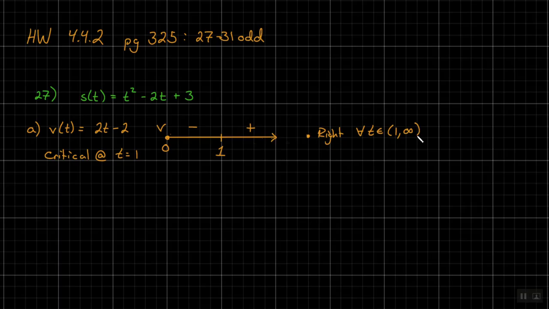They just say greater than 0, right? Okay, so there's where it's moving right because v is positive. Where's it moving left? For all t values where? Love it. There we are, 0 to 1. Okay, bravo. I have no idea what it's asking.